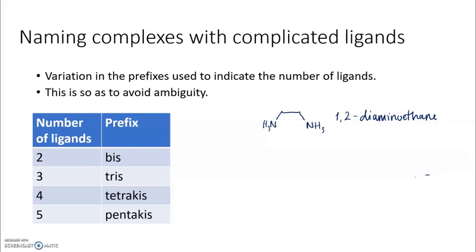And you can already begin to see why it's going to be important to avoid ambiguity here, because the name of this ligand has a di in it. We don't want the di indicating the number of ligands to become confused with the di indicating the number of amino groups within one ligand. Okay, so let's have a look at a suitable complex that we might have here.